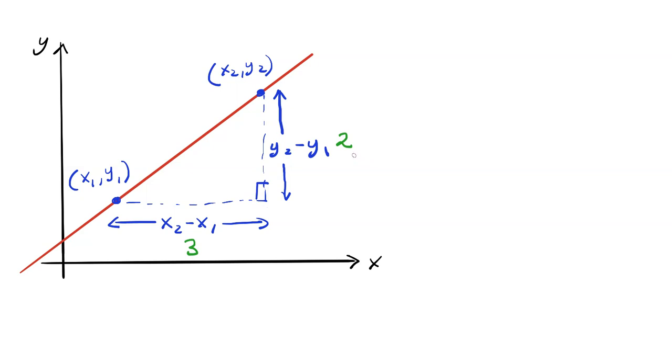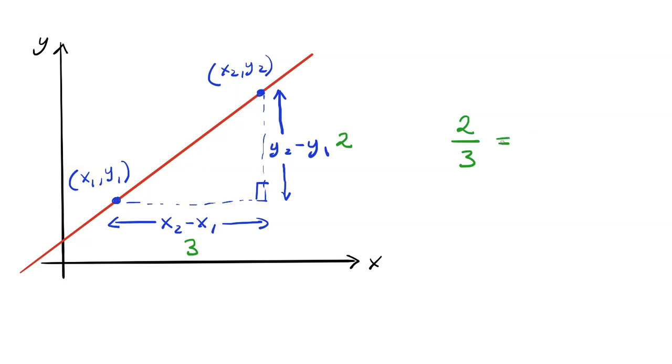How much do we go up for every step we go here? If I take 2 and divide by the number of steps, this is how much I will go up if I go 1 step on the x-axis. So if I go 1 step here, I go 2/3 up to follow the line.